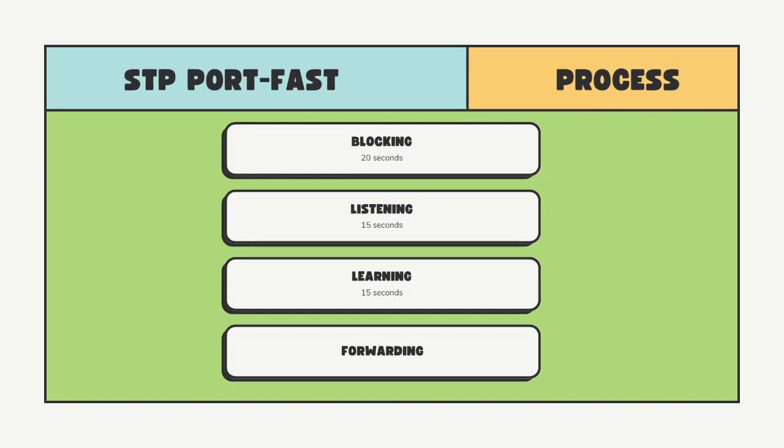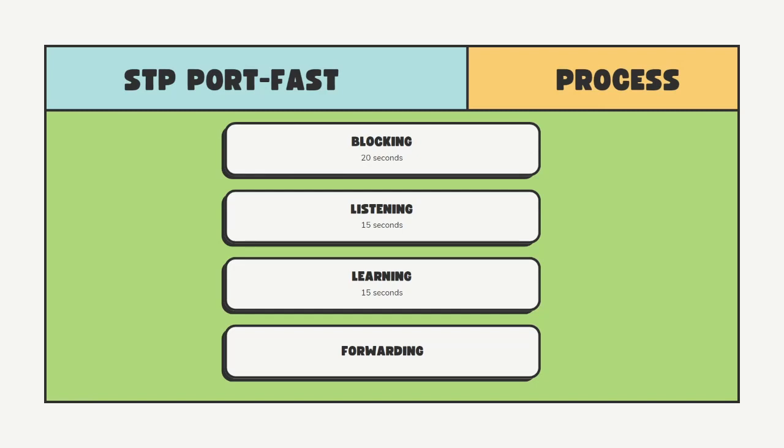So this is the process of spanning tree protocol. For the first process, it goes through the blocking step with an estimated duration of 20 seconds, and then the listening step with a duration of 15 seconds, and then the learning step with a duration of 15 seconds too. And for the last, we arrive at the forwarding step.